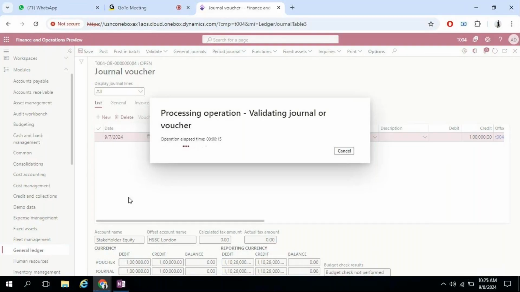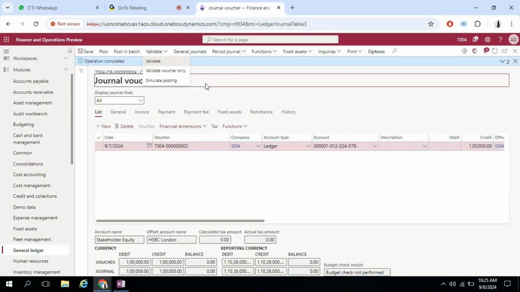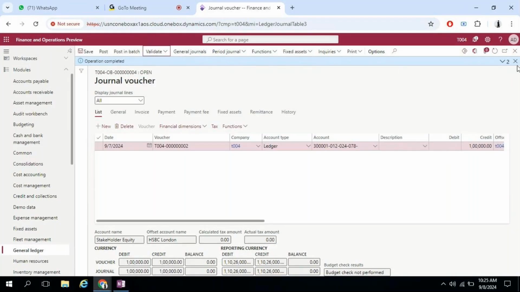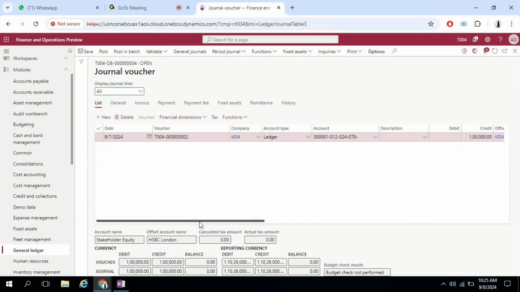If there are 10 lakh lines over here, I mean the maximum limit is I think 10,000 lines, it will be very difficult to work on different lines separately. So for that, if there is any error coming up, you use the simulate posting one, which is equivalent to posting. So it is showing the operation is completed. That means I will not have any problem while posting the ledger.